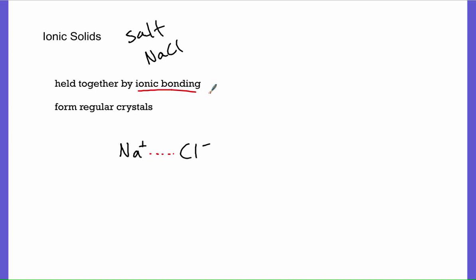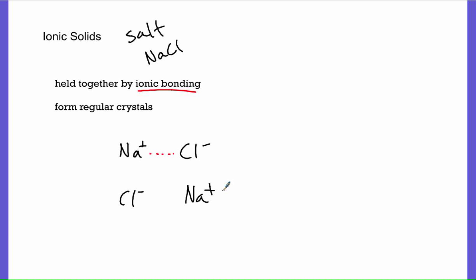That's ionic bonding. So if I have a sample of sodium chloride, I don't just have one sodium, one chlorine. I have thousands and thousands, if not millions and millions or billions and billions of those sodium ions and chloride ions. And so they all just arrange themselves so that that attraction is always there.